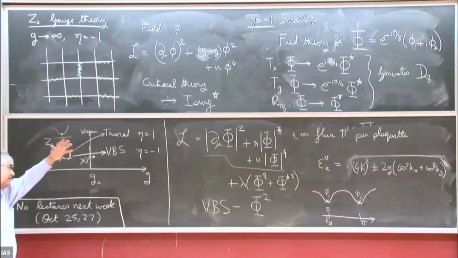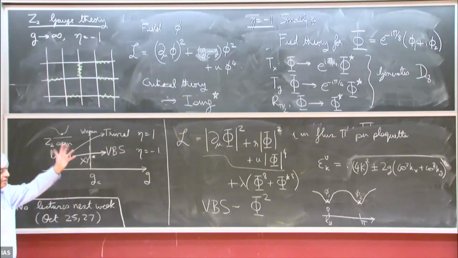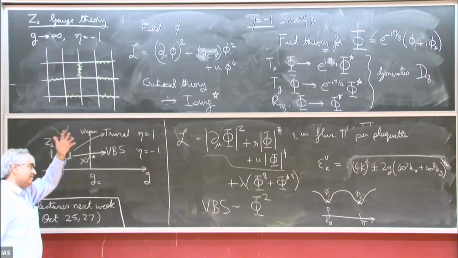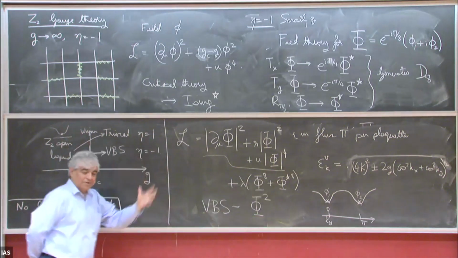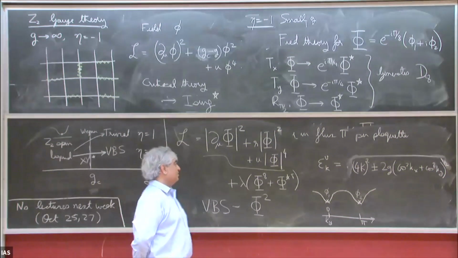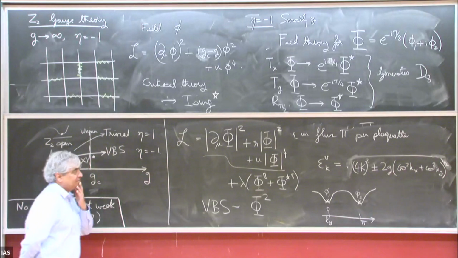Now, there's other ways of interpreting this using U(1) gauge theory broken down to Z2 and so on. And U(1) gauge theory has monopoles. And so these turn out to be like the fourth power of the monopole operator and so on. So there's a long story there, which really would be out of place for me to discuss here.